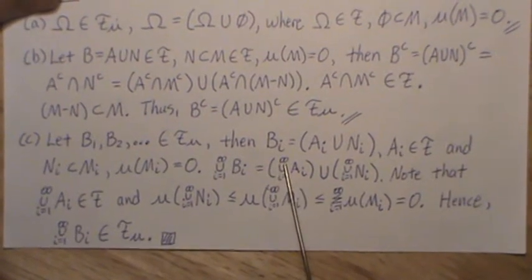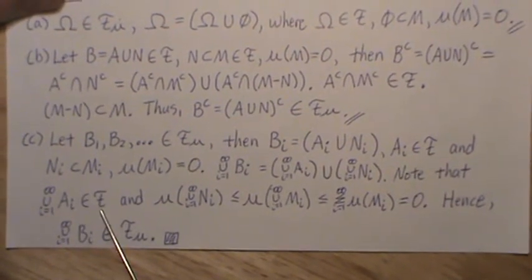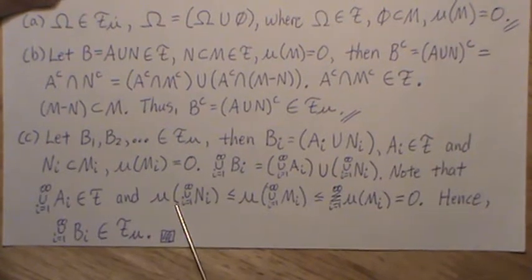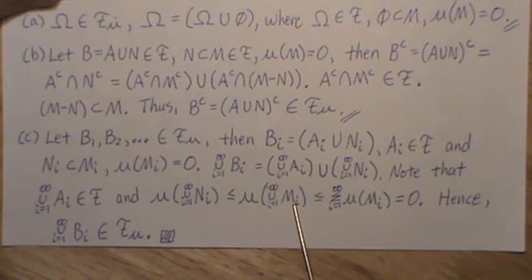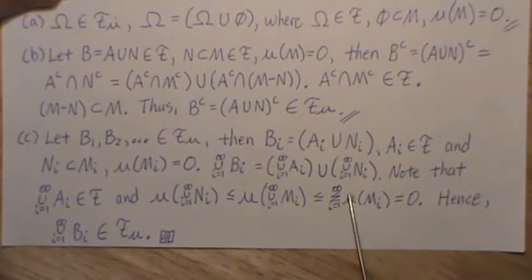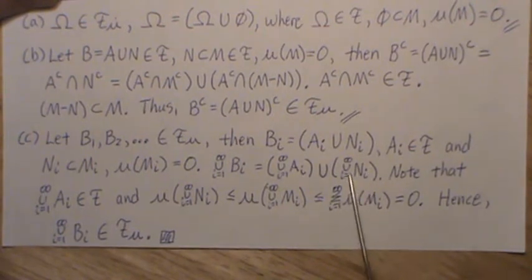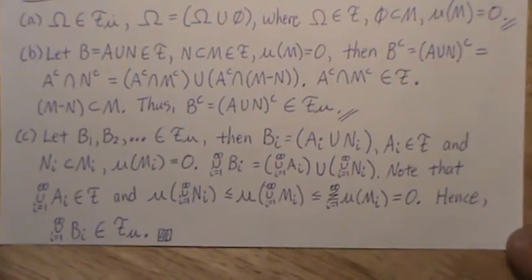Note that the infinite union of A_i is also in the sigma field. The measure of the infinite union of the M_i is less than or equal to the sum of all these measures, but all these measures are zero. So this measure is zero, and that says this infinite union has to live in the completion, F of mu.